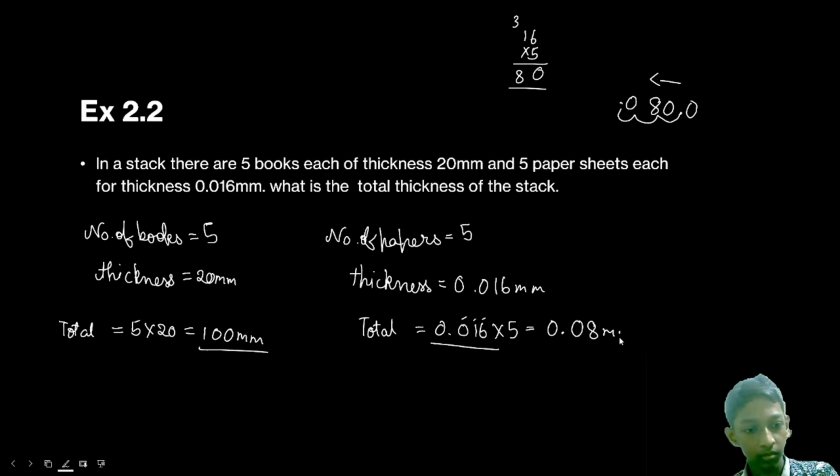So the total thickness of the papers is 0.08 millimeters. The total thickness of the books is 100 millimeters, and the total thickness of the papers is 0.08 millimeters.